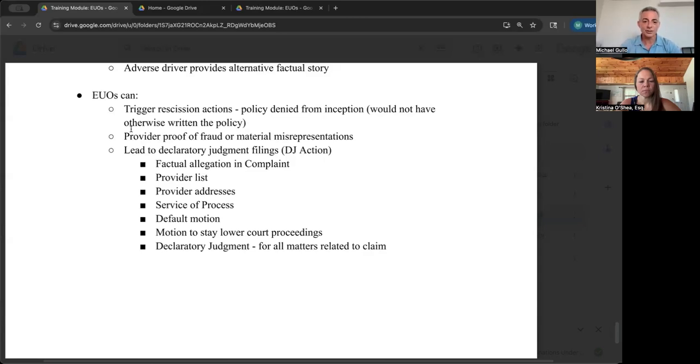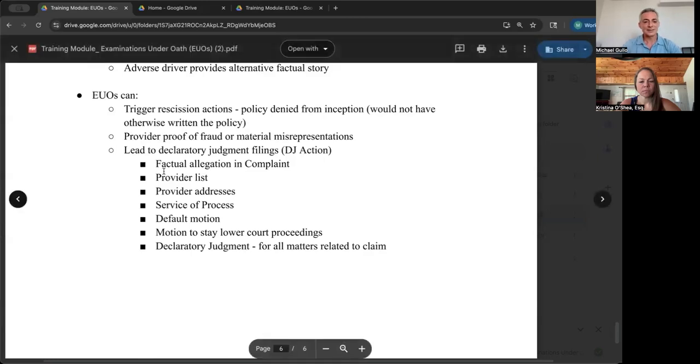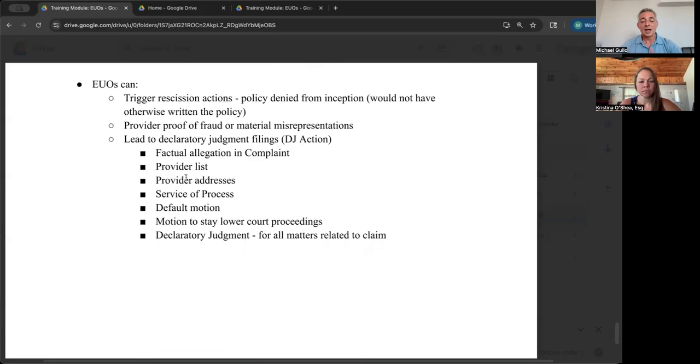no-fault litigation actions. In that process, the factual allegations in the complaint are very specific: a list of providers and their addresses, and we usually have their TIN numbers by that time. Service of process on the providers is generally done through the Secretary of State so that we can assure proper service.